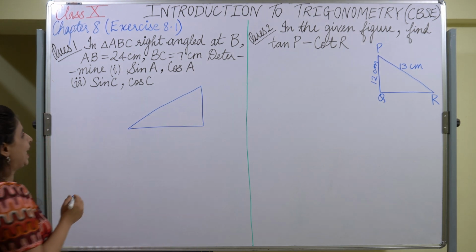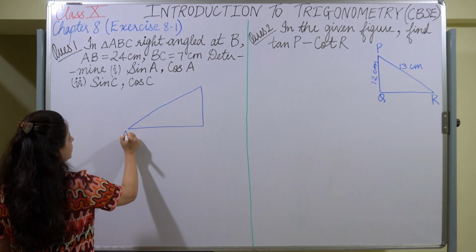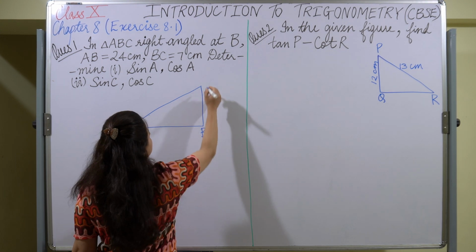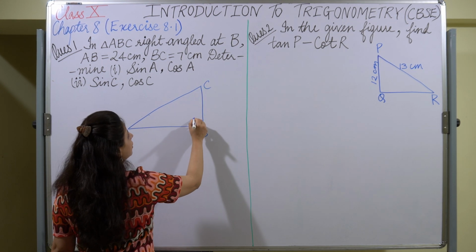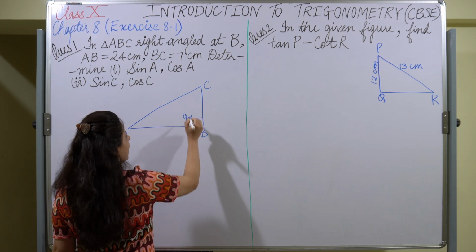Let us mark it as A, B, C. It is right angled at B. It is 90 degrees at B.